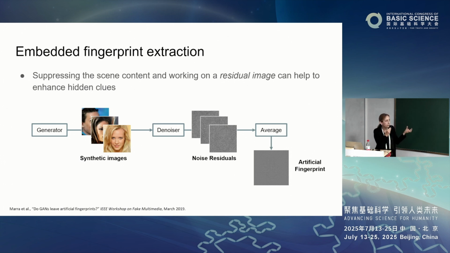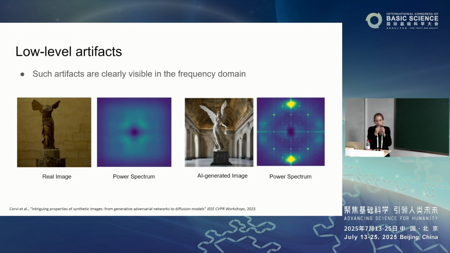And this artificial fingerprint is really a sort of fingerprint of the model, so it is strongly related to the specific model that generated such images. If we take this artificial fingerprint and analyze it in the frequency domain, so we do a Fourier transform of it, we can observe that for a real image, the power spectrum is the one that you can see here on the left.